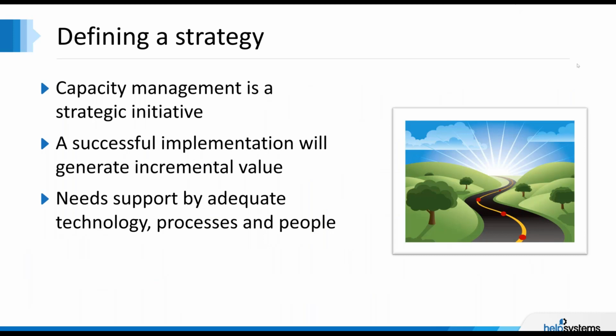So successful implementation will generate incremental value. As you're moving forward with the process, you'll achieve more and more successes. Your organization will be running more efficiently, and you'll be delivering business value to the executives. Again, involving technology, processes, and people. So you need support in all of those areas.